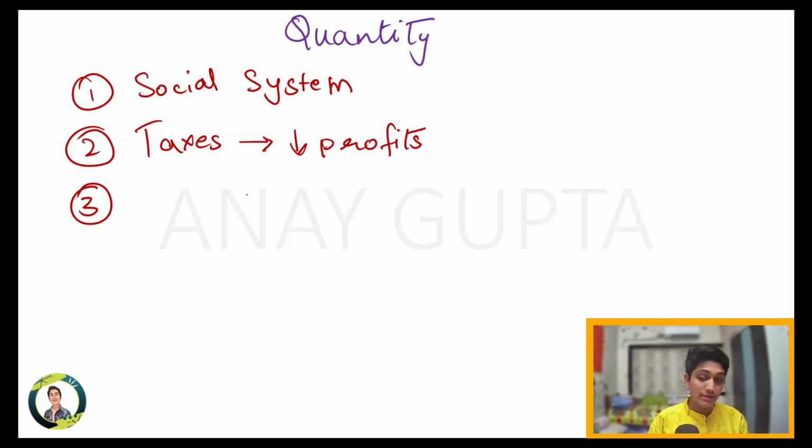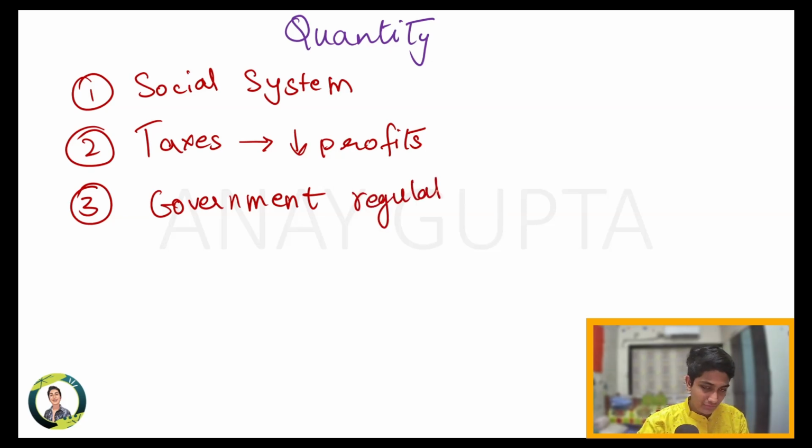Then after that, government regulations. So if there are n number of restrictions and policies and compliances, then not only will the compliance costs increase, there will be less innovation in production.